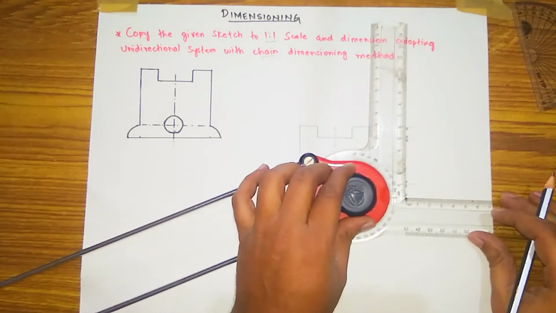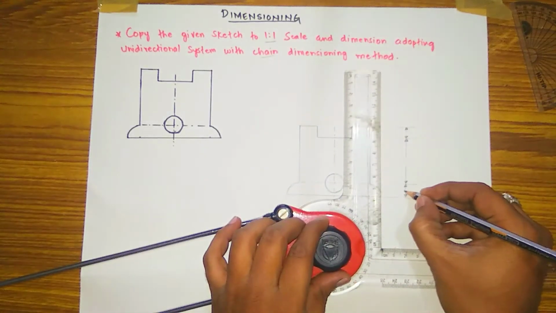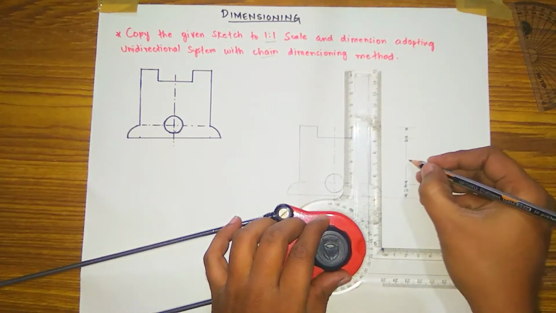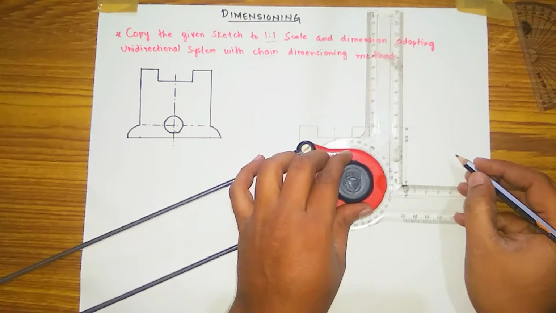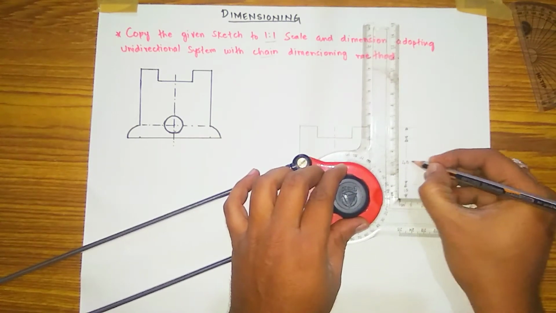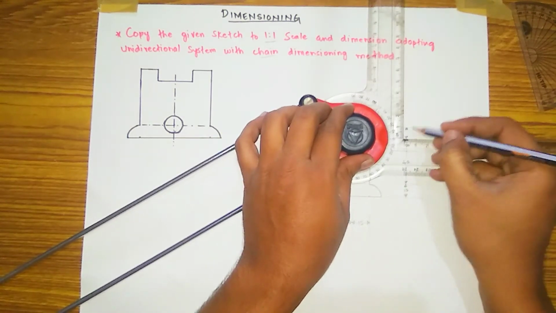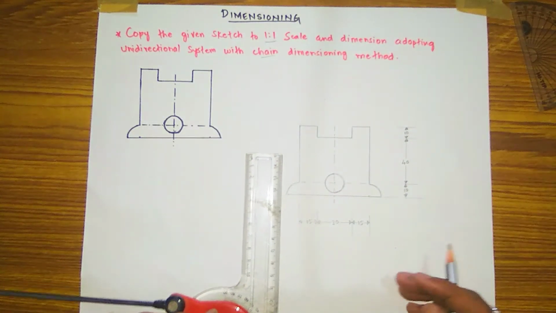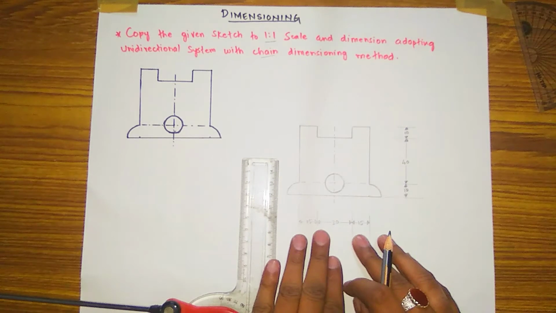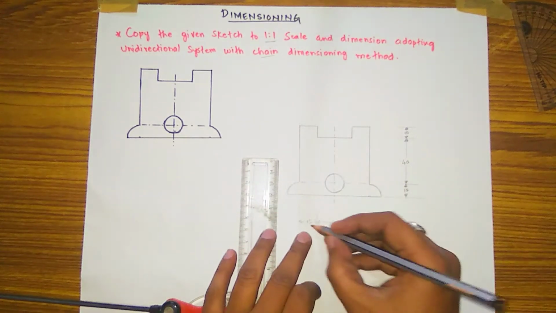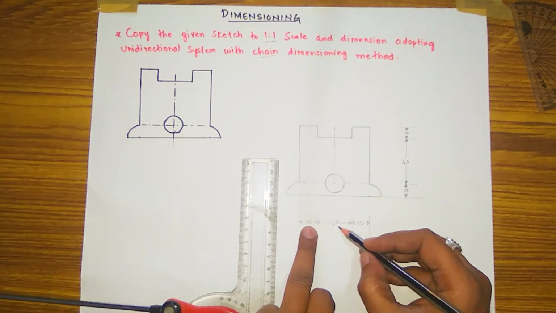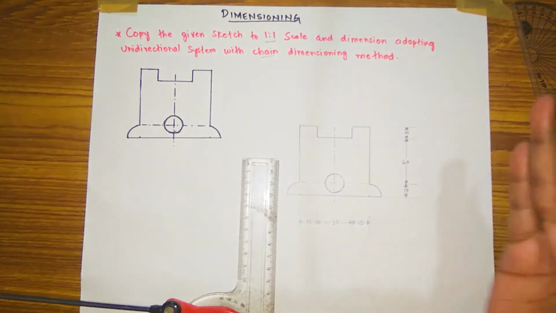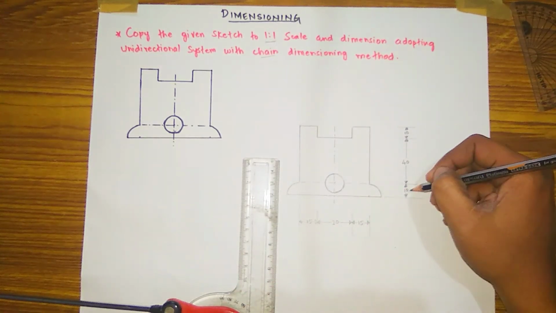How much is it? 10 mm. So write it as 10 mm straight. And this is 40, so write it straight. And this is 10. That is for unidirectional system across. See, in unidirectional system, for the vertical you have written 15, 30, 15 straight, and for the across also the numbers should be written straight only.